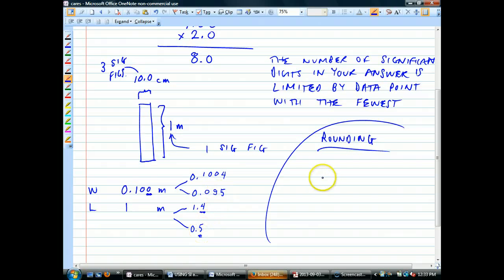So in this case right here, if all you have is that 5 on the end, so in other words, there's nothing after this to tell me that it's definitely greater than half, then you use a rule: if this number is odd, then you round up. If it's even, then you round down, right? So what you're saying is that it's weird that this would round to 0.